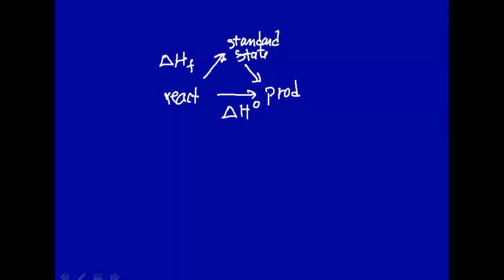Actually, let me be more specific. If we go this way, this is the standard enthalpy of formation of the reactants. So we're going from the elements in the standard state, and we're going to form the reactants.